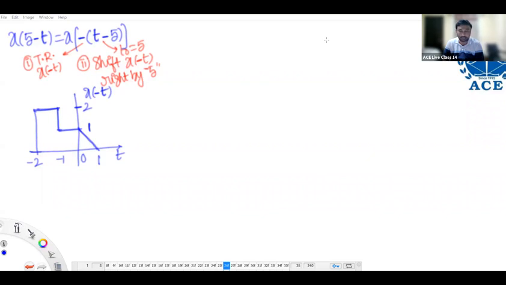Just turn the page and observe the image of x of t. That is x of minus t for us.